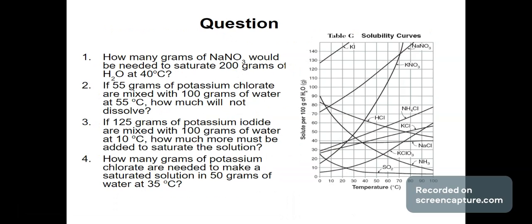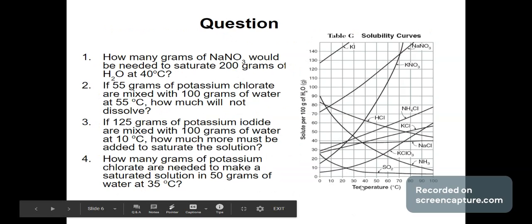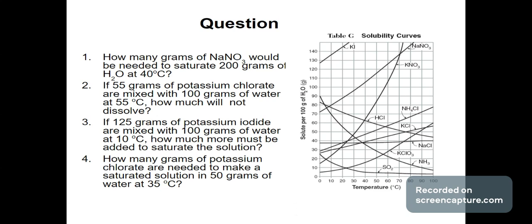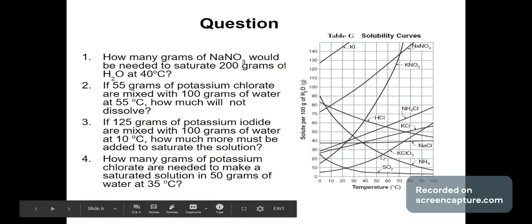The second one is 55 grams of potassium chlorate are mixed with 100 grams of water at 55 degrees. How much will not dissolve? Well, first of all, where does 55 degrees get you with potassium chlorate? That is going to be the KClO3 right here.